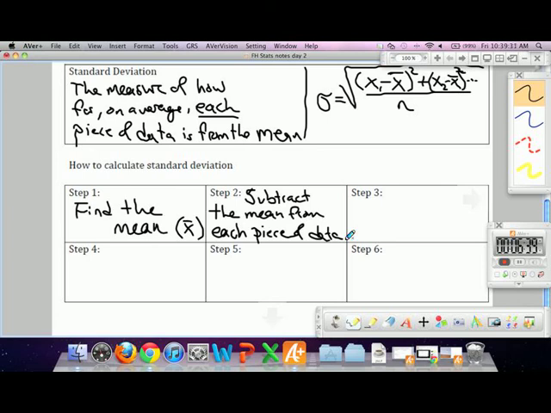Once you've subtracted the mean, what's the next thing we do? Square it. So now we'll square each new number.